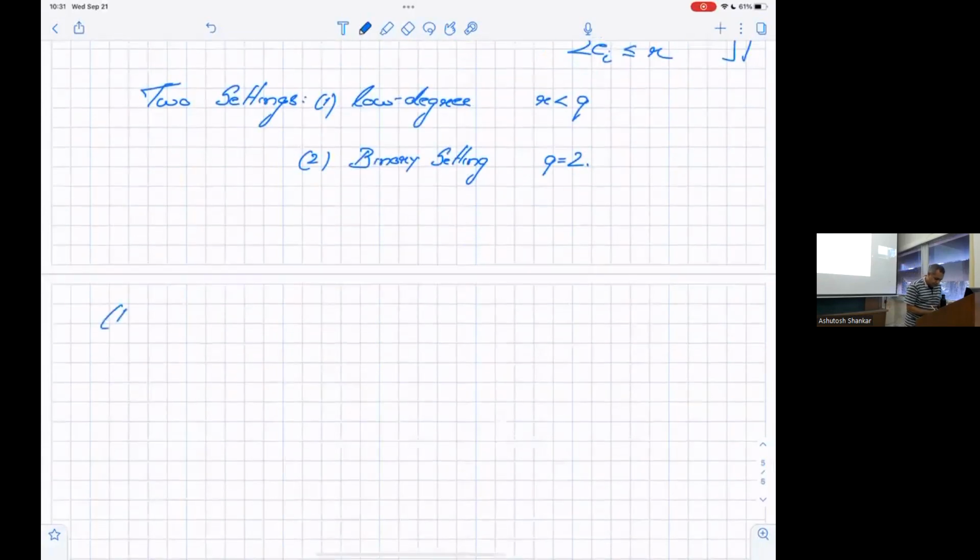So let's look at the low degree setting. R is less than Q. So the field size is large enough that it's larger than the degree that you're looking at. In this case, we can drop the constraints.